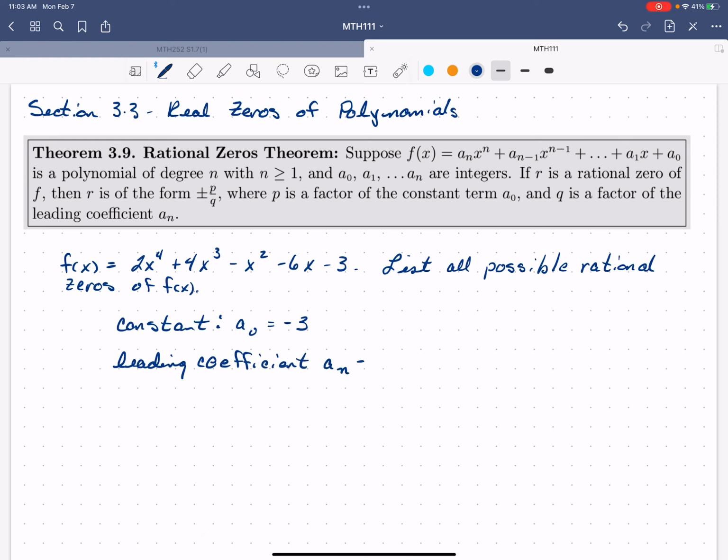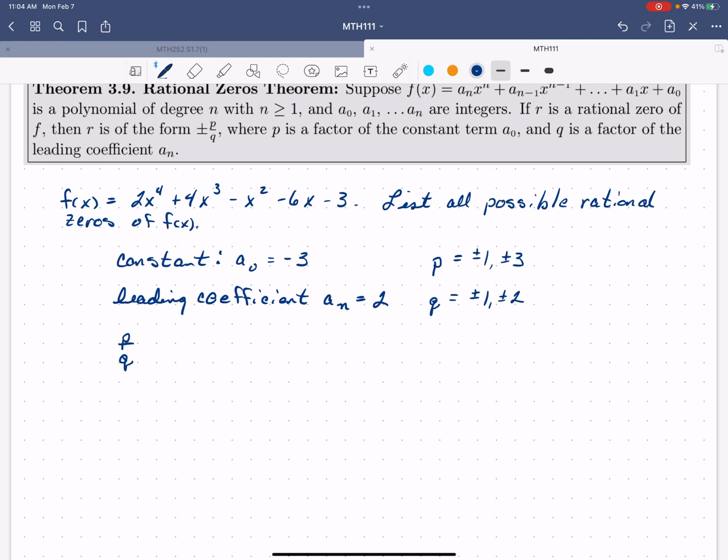So my p over q's, that's every p divided by every q. So positive and negative 1, positive and negative 1/2, positive and negative 3 over 1, or just 3, and positive and negative 3 over 2. These are all the possible rational zeros of this function.